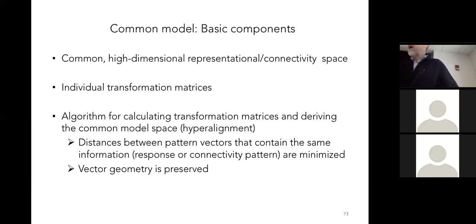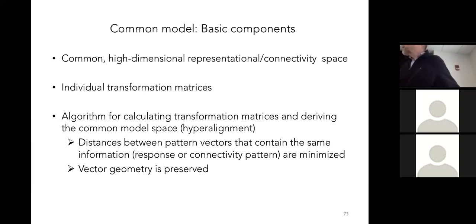They have to be derived individually for each subject. And we have this algorithm that we've developed for calculating these transformation matrices. And by getting transformation matrices for a group of subjects, we can project all those subjects' data into a common space, which gives us a common space with average vectors for connectivity or response.